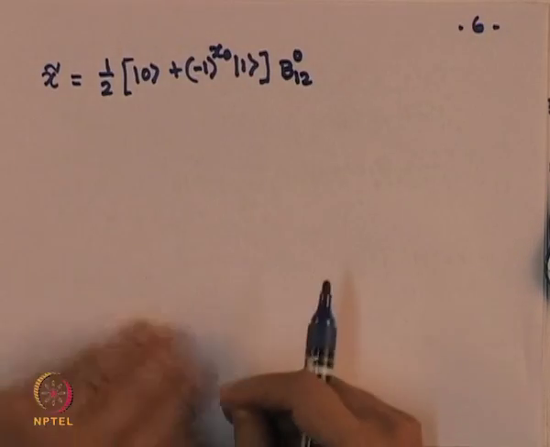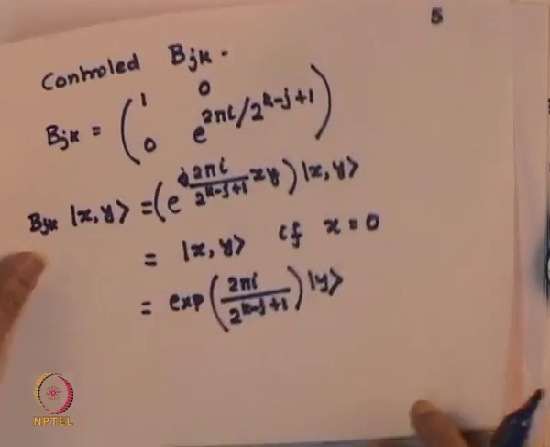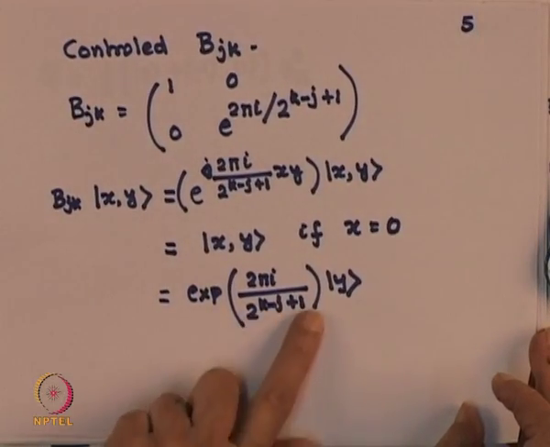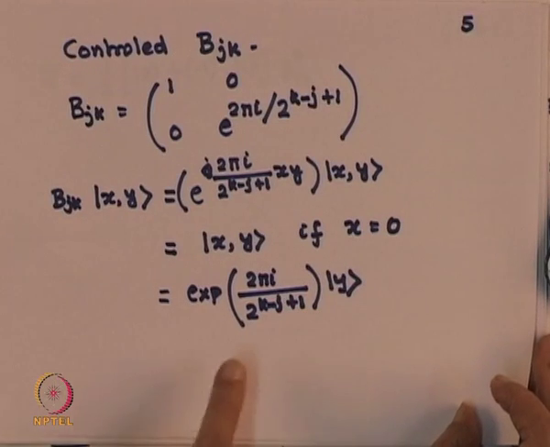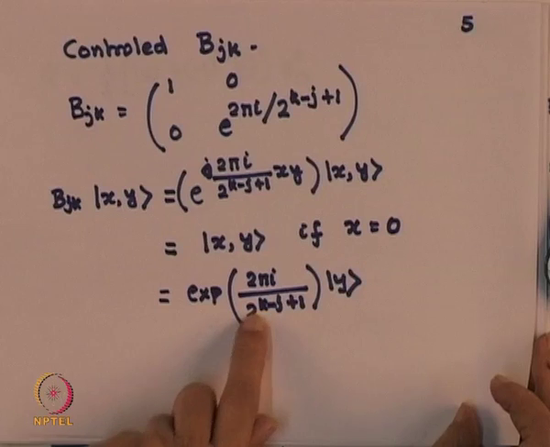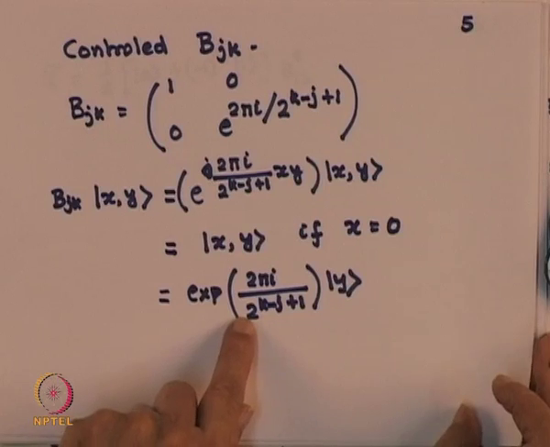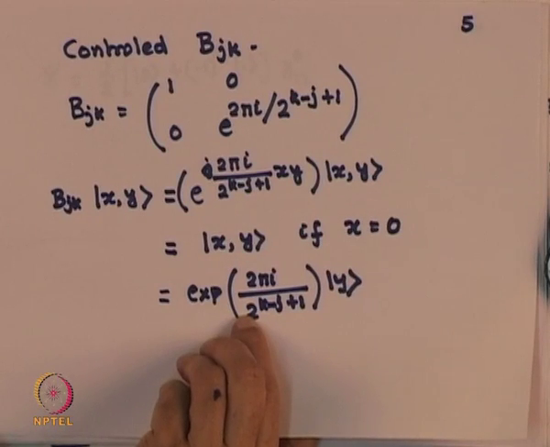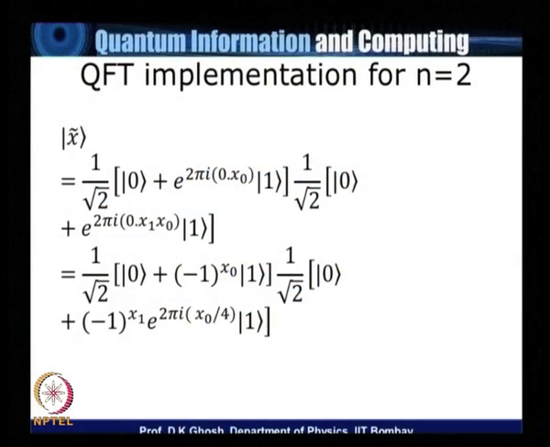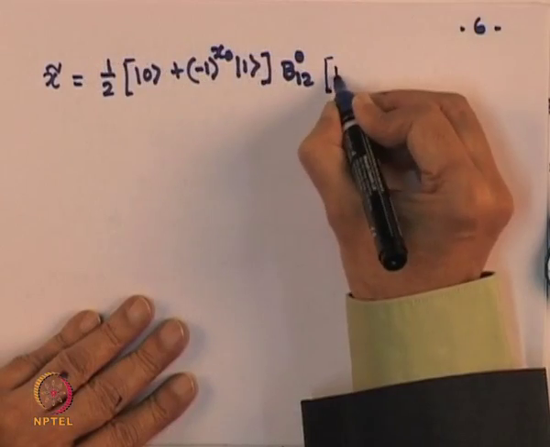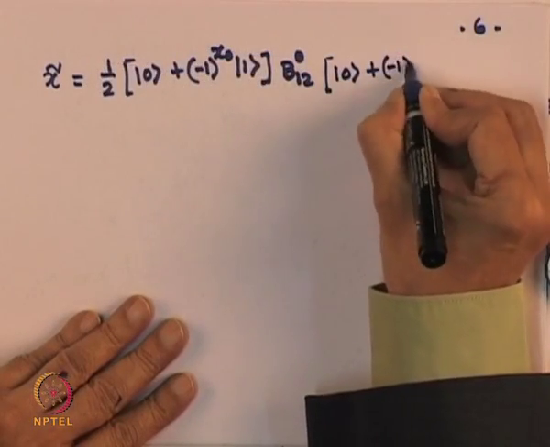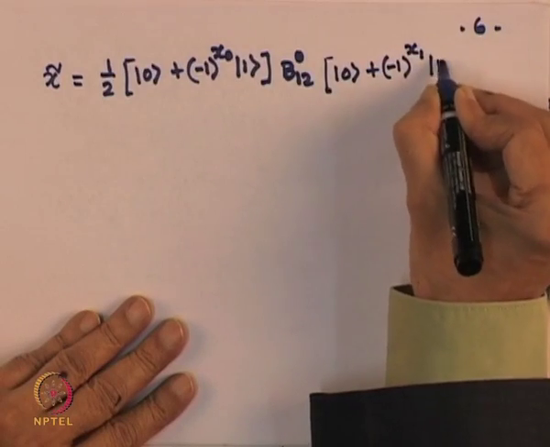Why 12? Because I had defined BJK gate as given by this. So if j is equal to 1, k is equal to 2, I get 2 minus 1 plus 1, so it is 2 squared there, e to the power 2 pi I by 2 squared. Now this is precisely what we had here in the slide. So this thing we should be able to write as B12 acting on 0 plus minus 1 to the power x1 on 1.